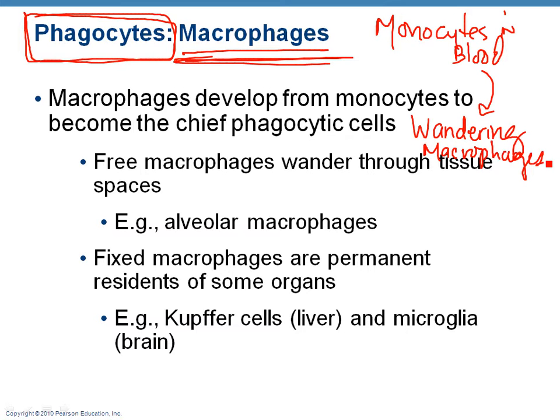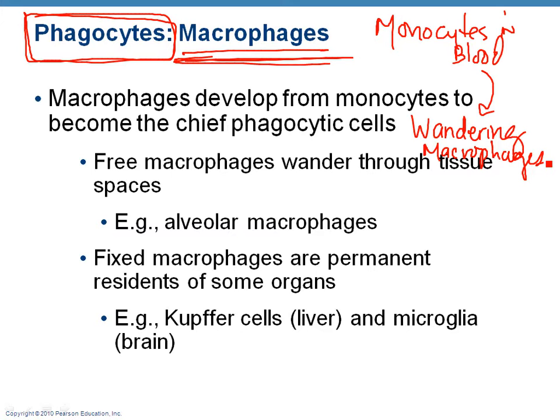So they ooze around like an amoeba. They wander through tissues. And they are able to bind things like bacteria, yeast, viruses, etc. They bind these, they attach to them, and then they engulf them by phagocytosis.